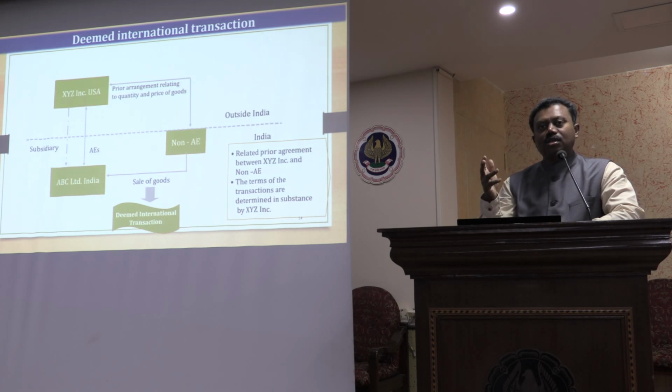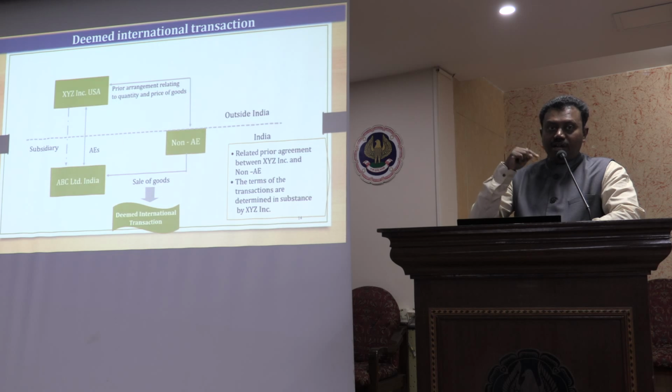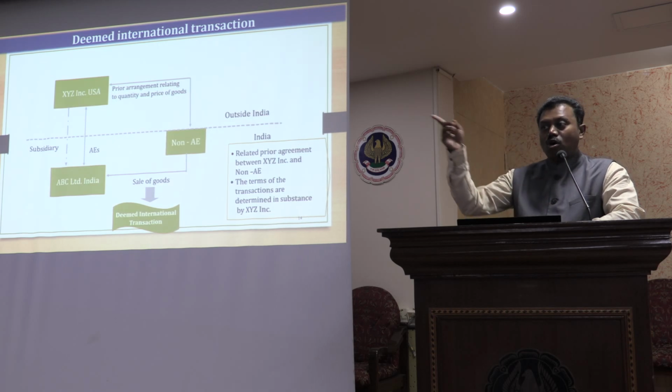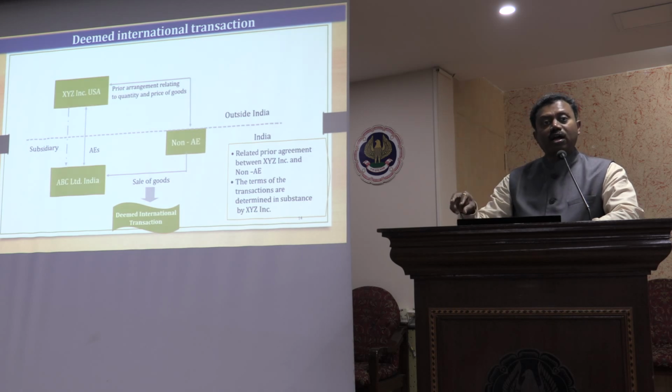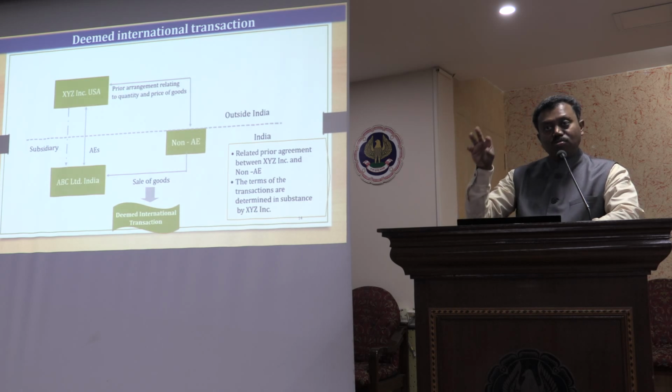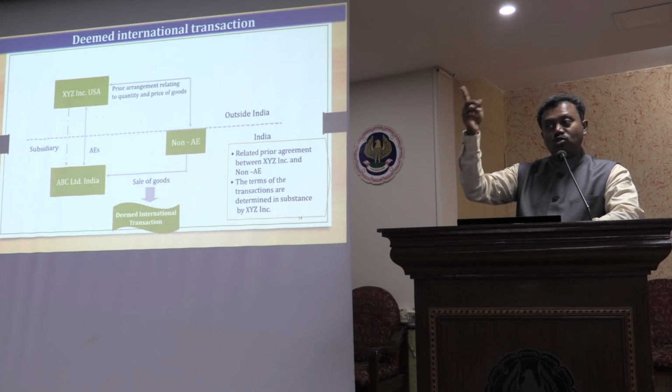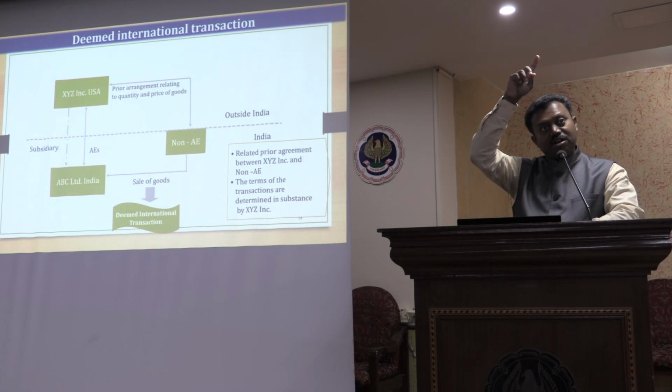The transaction may be with some other party, which is a non-associated enterprise, by say the Indian entity. Example. But for the transaction that the Indian enterprise has to transact with a non-AE, an independent party, the pricing or the terms of the agreement is already decided by the parent entity.